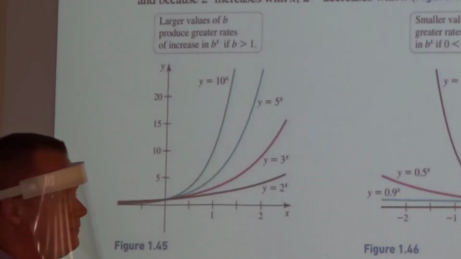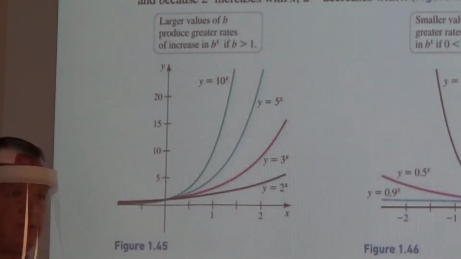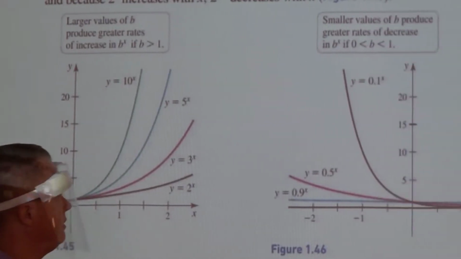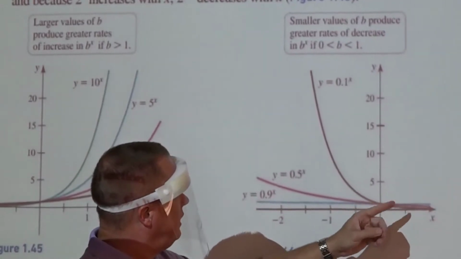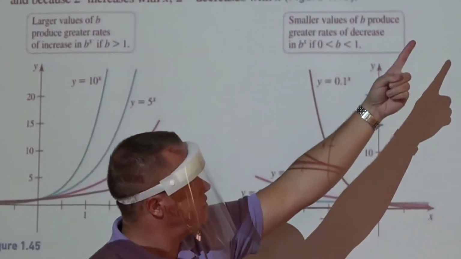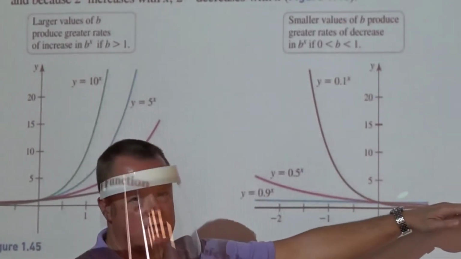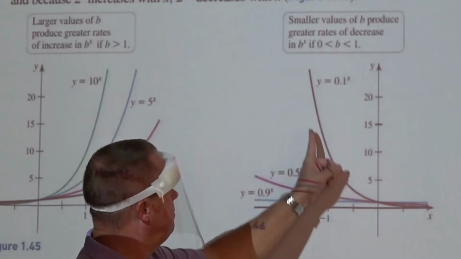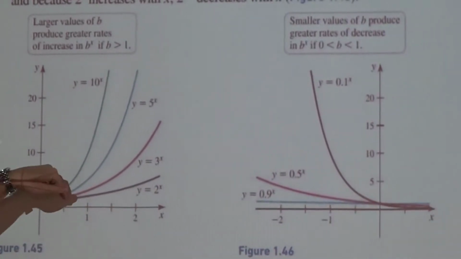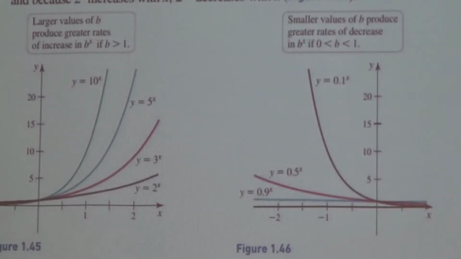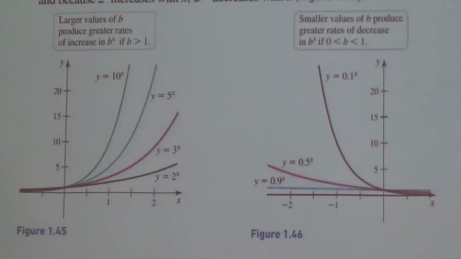Now, if the base is between 0 and 1, so if the base is a fraction or a decimal, it still crosses at 1 there, except rather than going up on this side, it goes down that way, and then this would be a horizontal asymptote, and it goes up this way. Over here, the x-axis is still a horizontal asymptote, but that would be as x gets smaller. Okay. Any questions about that?